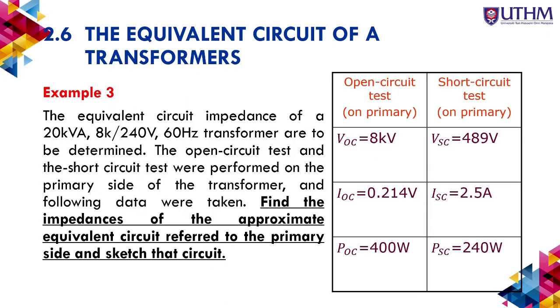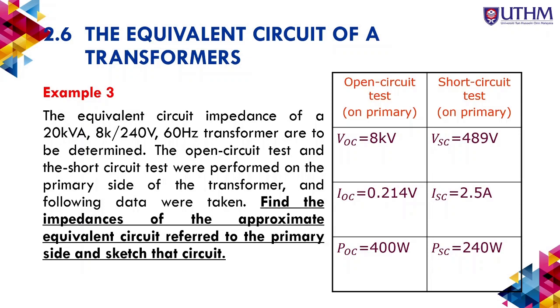Okay, ini contoh dia. For the example, the equivalent circuit impedance of 20 kilovolt ampere, 8 kilovolt to 240 volt, so ini macam step down lah, and then 60 Hz transformer are to be determined.